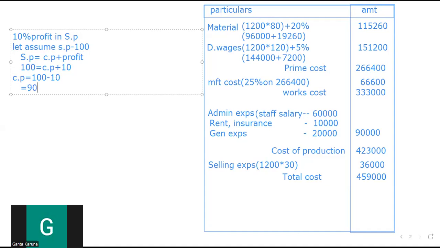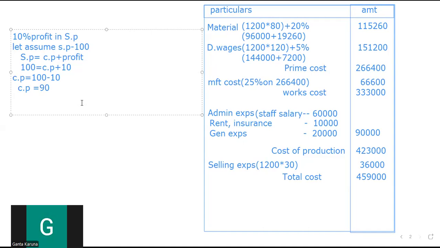Now can't I find out my profit now? Now among 90%, which is my CP. CP means it is my total cost. So CP he gave us. What is the CP he gave? We got to know CP is how much? 4,59,000. So for 90, if it is 4,59,000, can't I find out for 10%? So that is a cross multiplication.